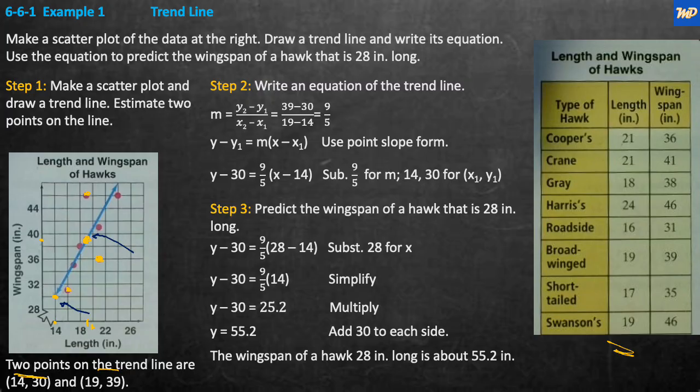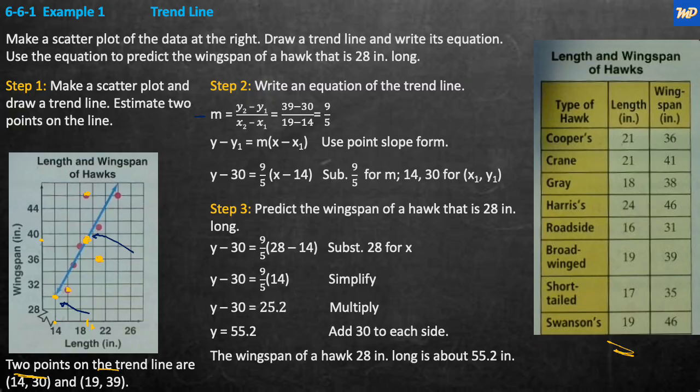So the starting point is 14, 30, the ending point is 19, 39. So our ending point x value is 19, that's x2, and our ending point y value is 39. That's our y2. Over here now, the starting x, x1, is 14, starting y1 is 30. So now we're going to go over here to step 2, write an equation of a trend line. We're going to use the equation of a slope.